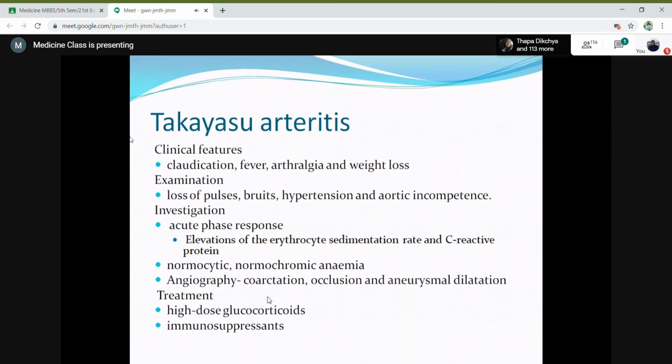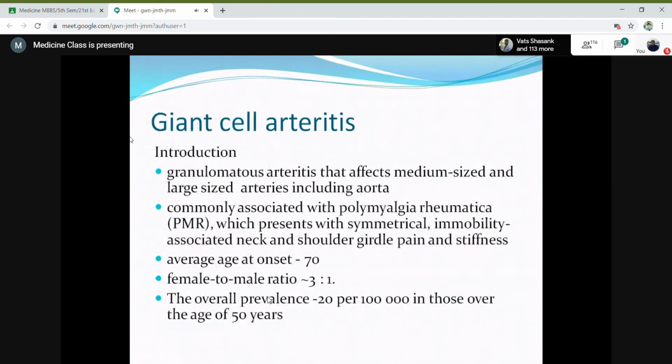In angiography, we may see occlusion, aneurysmal dilatation, and coarctation. For treatment, high-dose glucocorticoids and immunosuppressants are generally used. So this is Takayasu's arteritis, then giant cell arteritis. These are important for your MCQs as well.